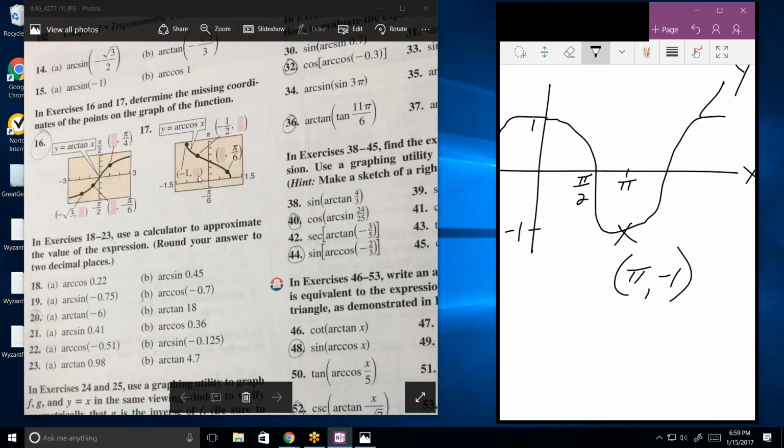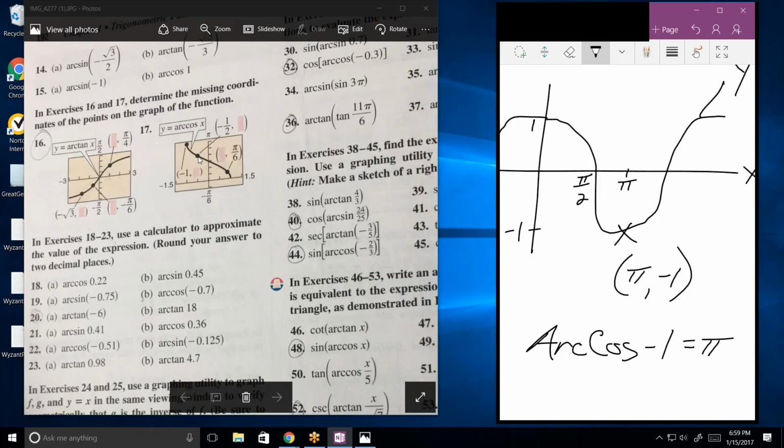So on the inverse cosine curve, it's always just the reverse. You switch the domain and the range. So therefore, the arc cosine of -1 has to be pi. So on the pink square on the far left, that's pi.